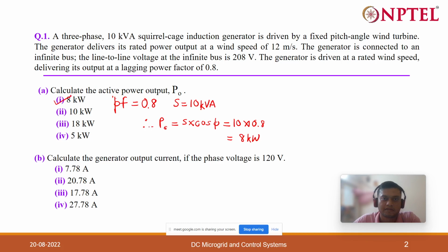And the next question we have, calculate the generator output current if the phase voltage is 120 volt. You can try and type your answer in the chat box.